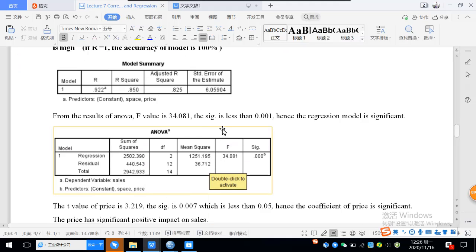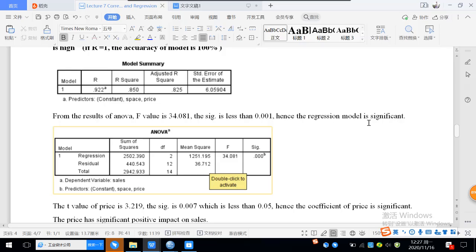Okay, and next we look at the Anova. The Anova is to test if the model you established is significant. From the result of Anova, the F value is 34.081, and the significance is less than 0.001.